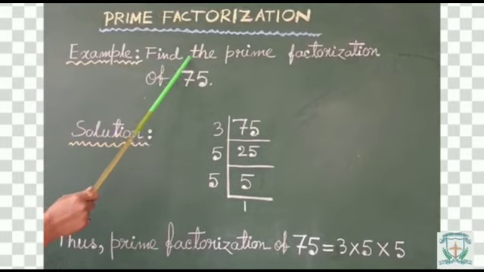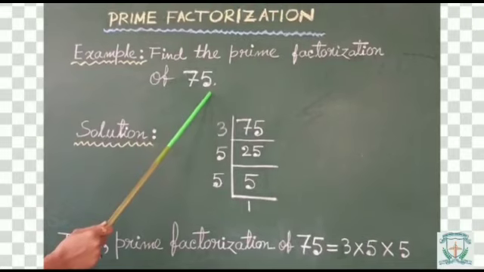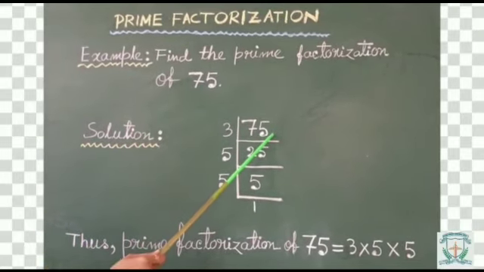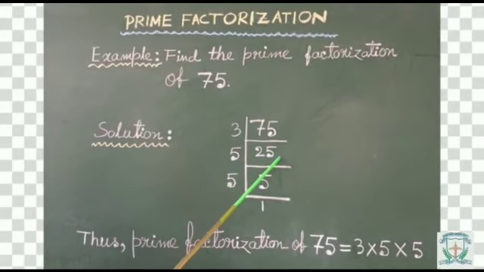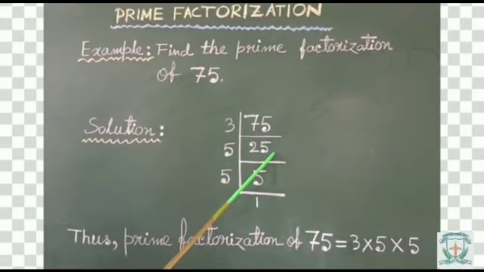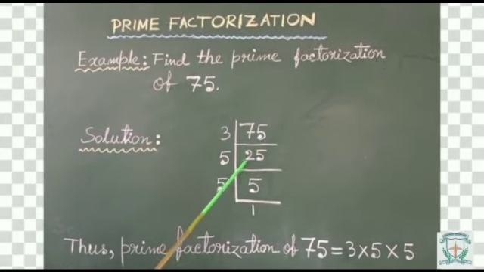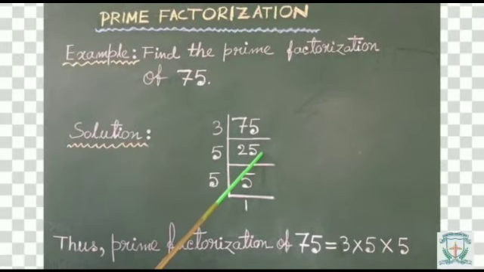Let us take another example. Find the prime factorization of 75. Here, you can see that 75 is divisible by 3. So dividing 75 by 3 gives 25 as a quotient. Next, 25 is divisible by 5.